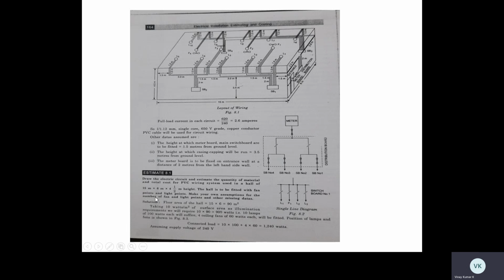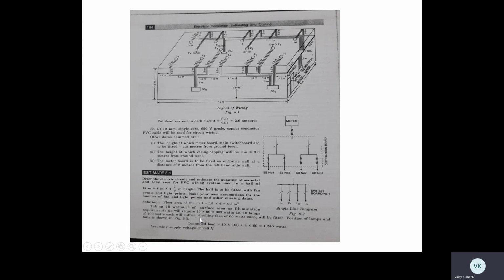For 90 meter square of area, I have calculated 900 watts of illumination. 900 watts is almost equal to 1000 watts. So for 1000 watts, just take 10 lamps of 100 watts each. And he has also given that you have to consider the fans also.